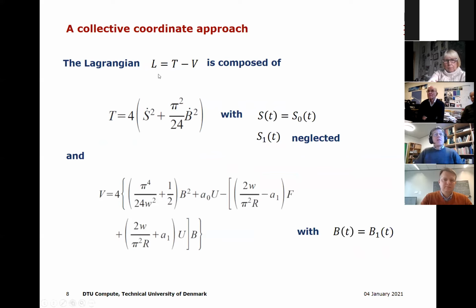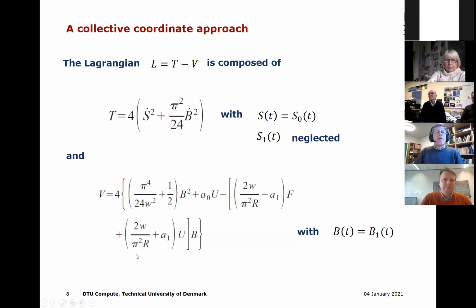The Lagrange function for S and B actually looks like this. It's T minus V, where T is the kinetic energy. So here enters S dot squared and B dot squared with some parameters in front. And this S, I just took it from our paper, but it's actually S naught of T, and S1 is neglected, as I was mentioning before.